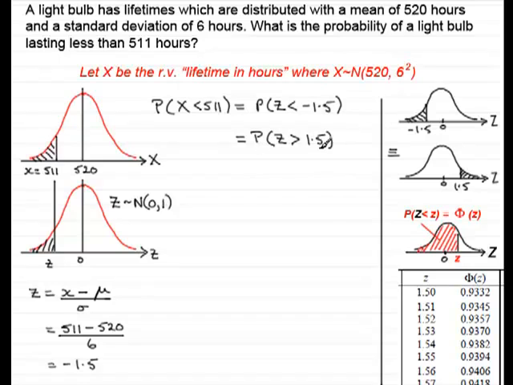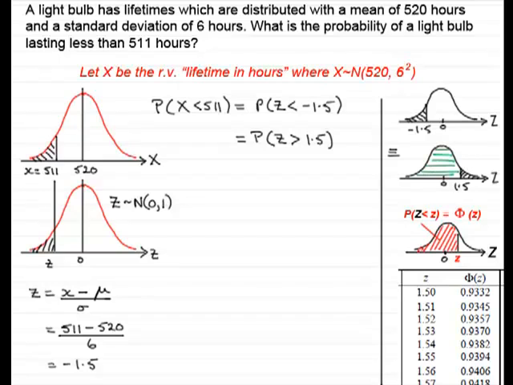But that doesn't help, because the tables only give us the area to the left of a z value. But knowing that the area under the whole graph totals 1, then I could do 1 minus the probability of z being less than 1.5. That would be this area here if I shade it.